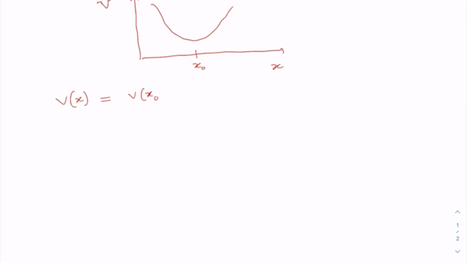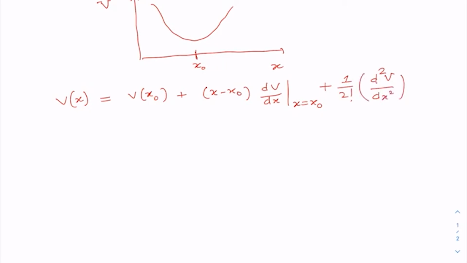The Taylor expansion would be like this: V of x0 around this minimum equilibrium point, plus (x minus x0) dV/dx evaluated at x equal to x0, plus 1 by 2 factorial d2V/dx2 evaluated at x equal to x0 times (x minus x0) whole square, and so on.